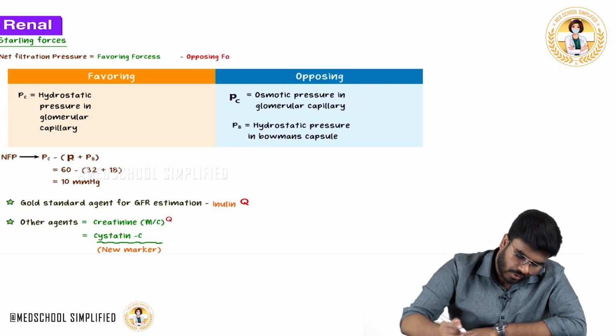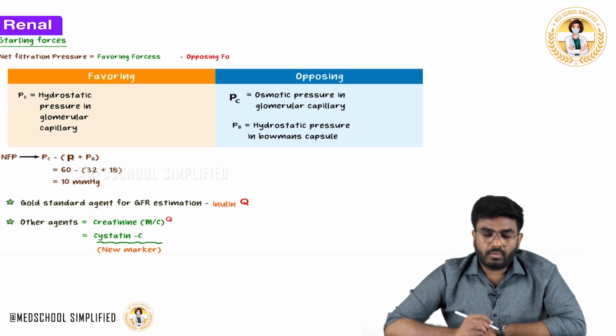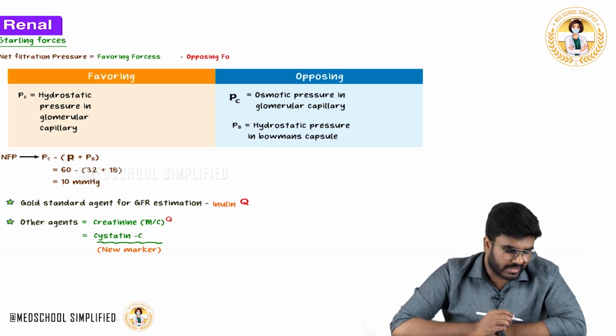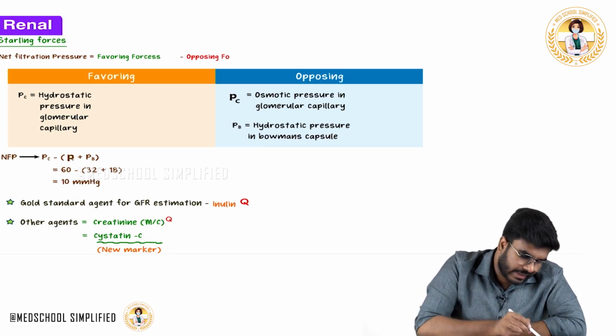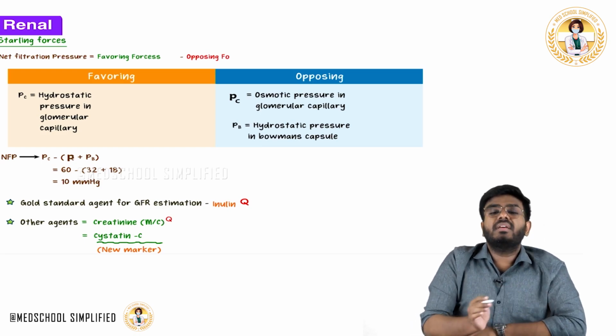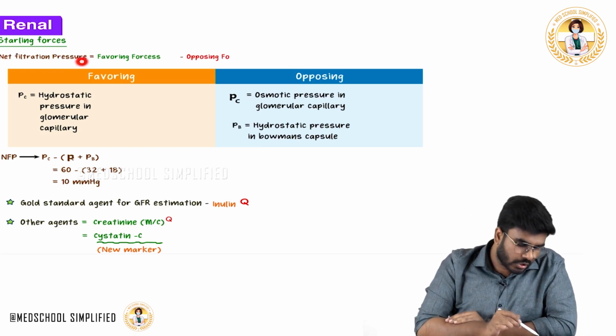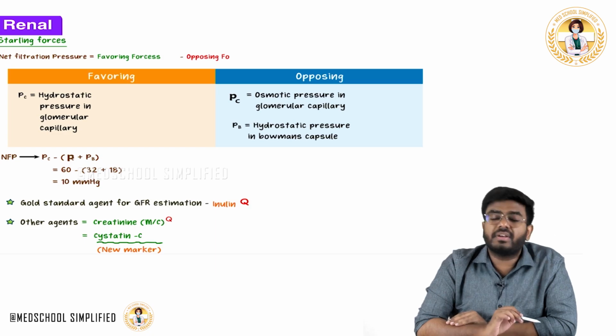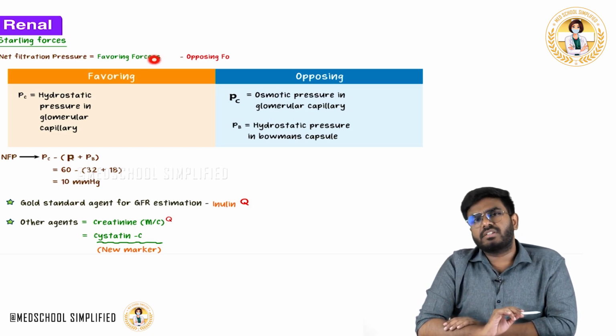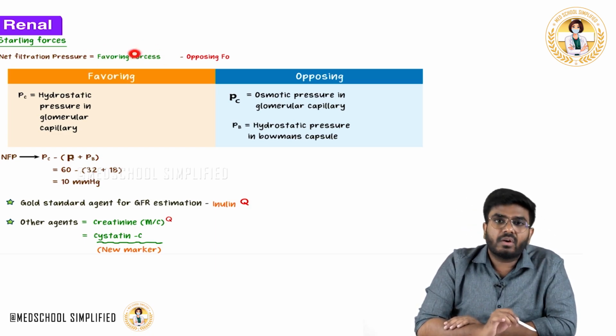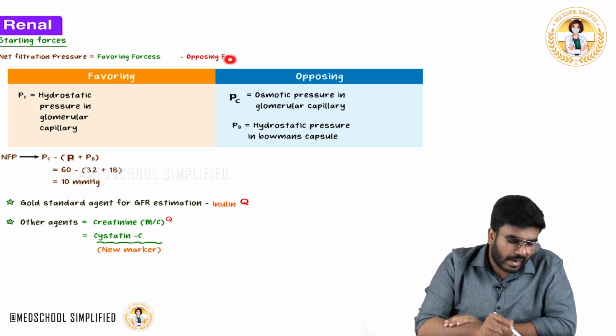Now let's see why exactly filtration happens. What are the favoring forces and what are the opposing forces? Whether the filtration happens or not depends on the net filtration pressure, which is determined by favoring forces and opposing forces.